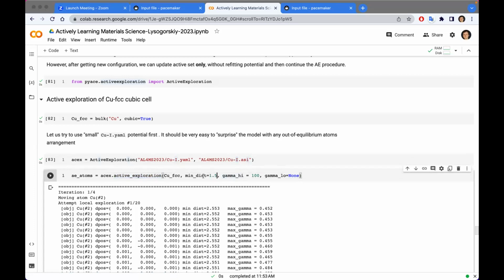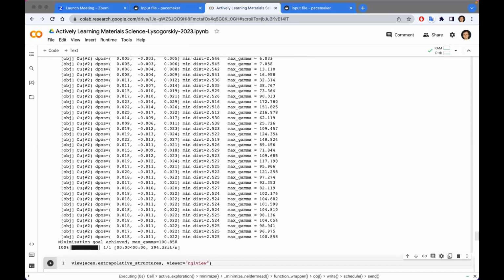Here I would geometrically limit the minimum distance to 1.5 angstroms. I would say that on each iteration you have to go up to gamma 100. So every time it will be new structures that have this extrapolation rate around 100. There is no limit for gamma low, and it will do it 4 times.